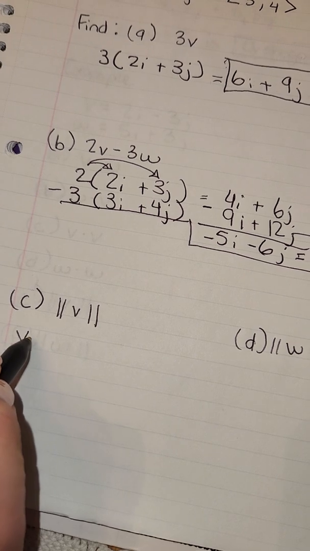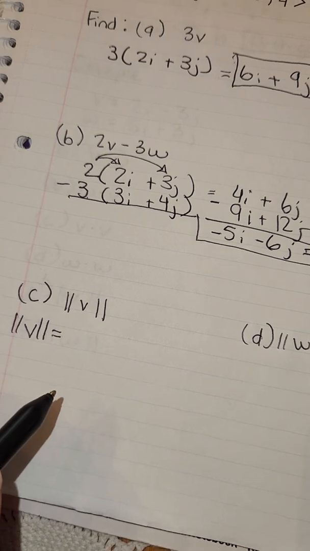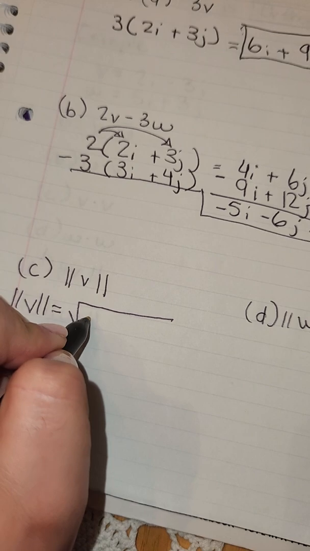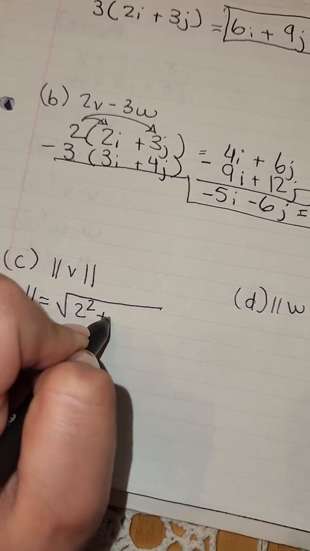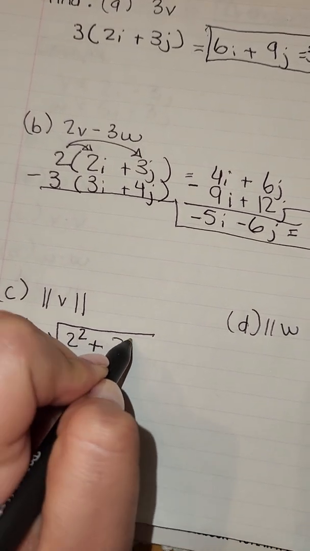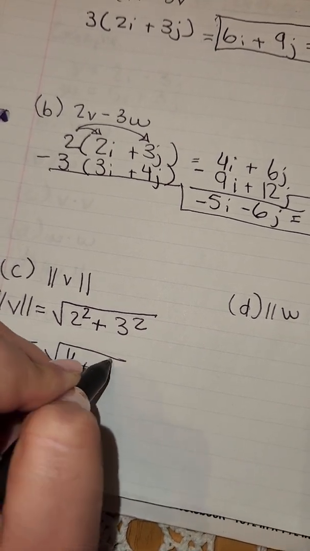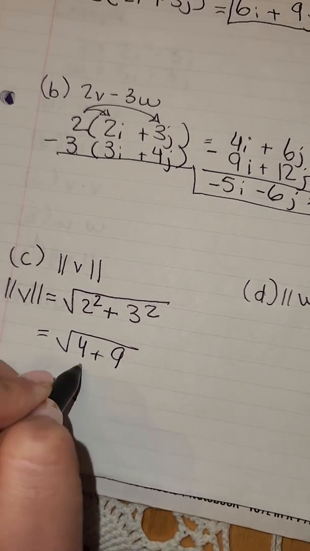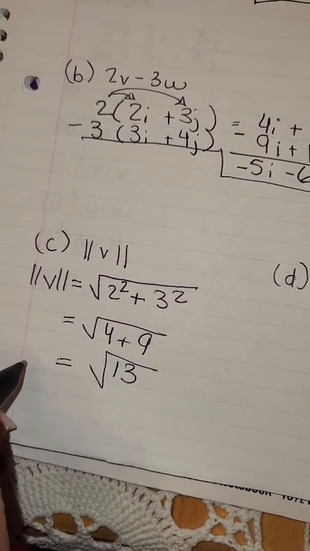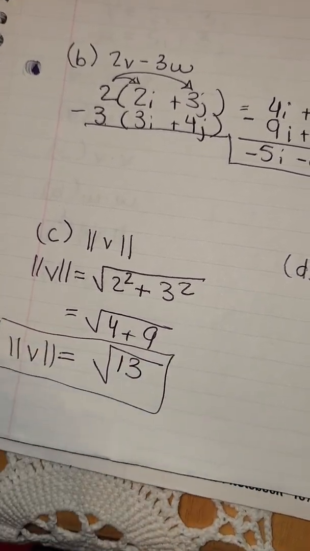So the magnitude of v will be the square root of 2 squared plus 3 squared, which equals the square root of 4 plus 9, which equals square root 13. That's what it's equal to.